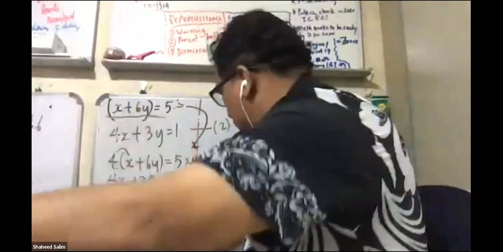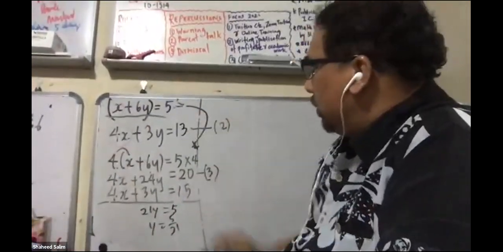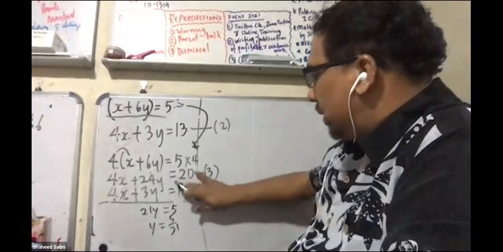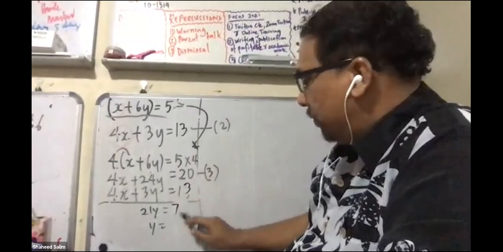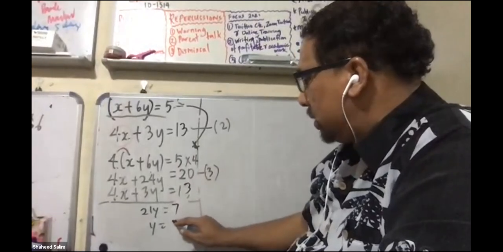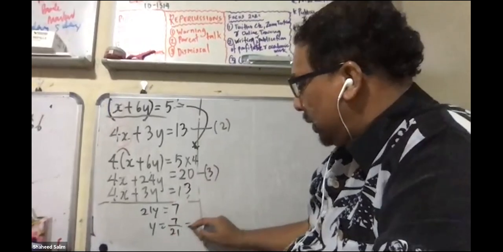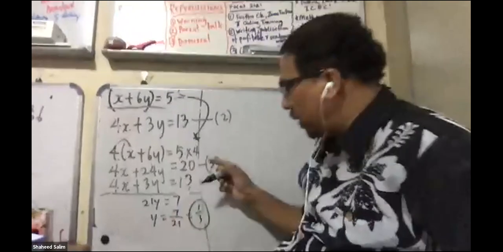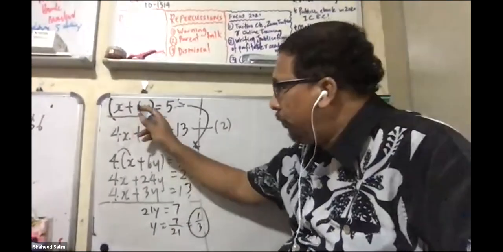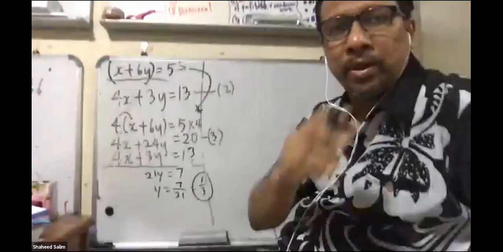Sorry, I copied the wrong one. So now we minus 13, you get 7. So y is 7 over 21, which equals 1 over 3. You divide, you get 1 over 3. But do you get what I'm saying down here? Before you minus, you must make this the same. This is one way. Let's say now we do another way.